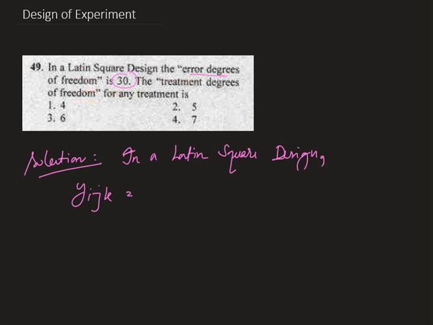Yijk is equals to alpha plus Ci plus Rj plus Tk plus Eijk for all i and j is equals to 1 to p and k is equals to 1 to p also.